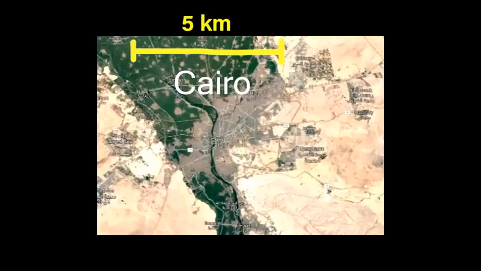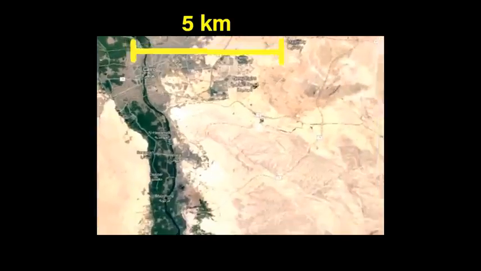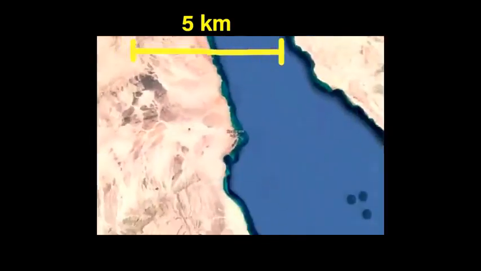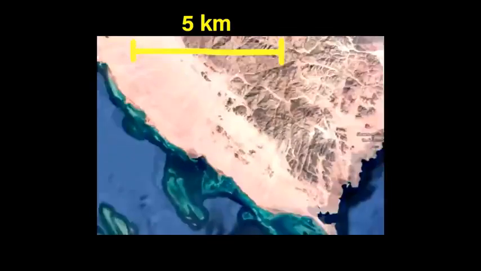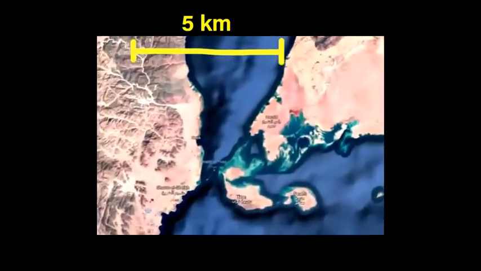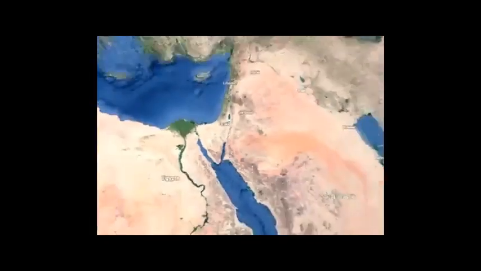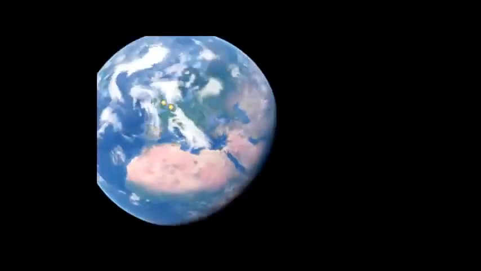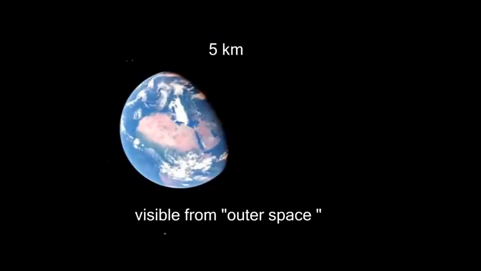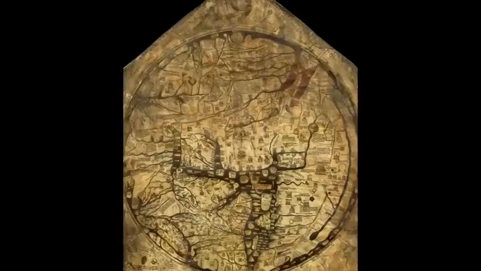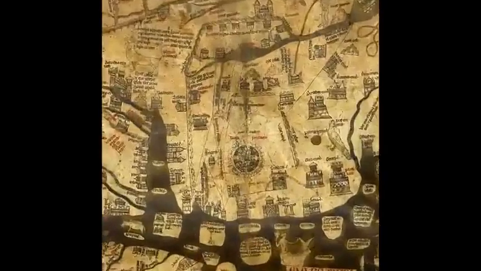So let's take a look at Google Maps and one of the most magical 5 kilometers I've ever seen. Take a look. Let's have another look at the Hereford map.